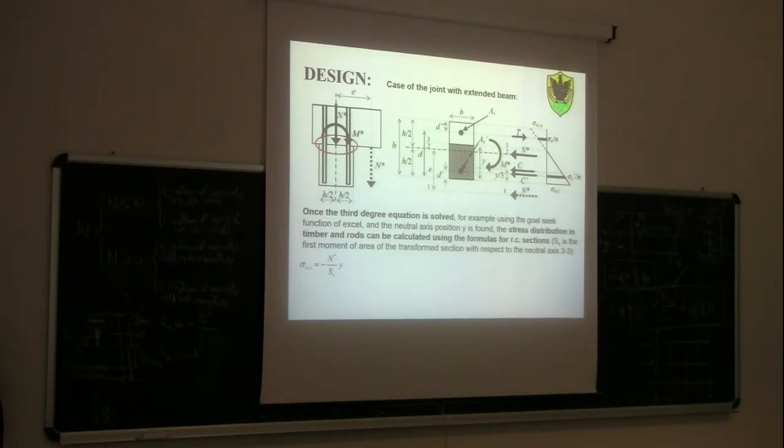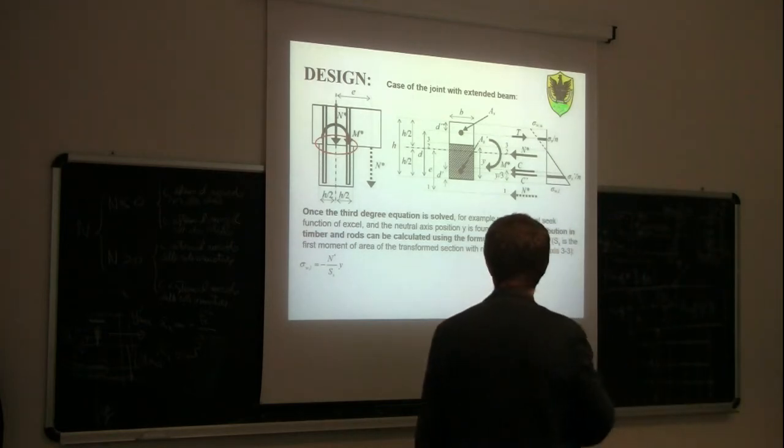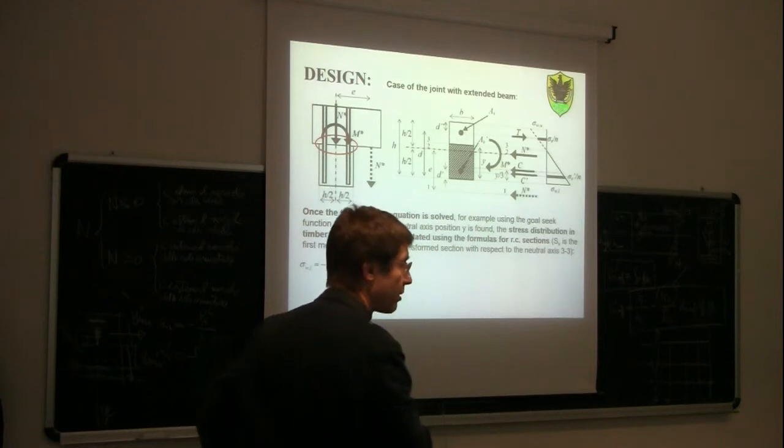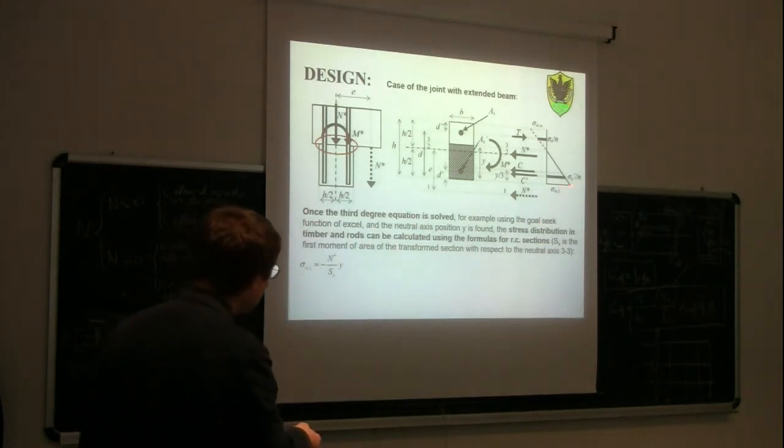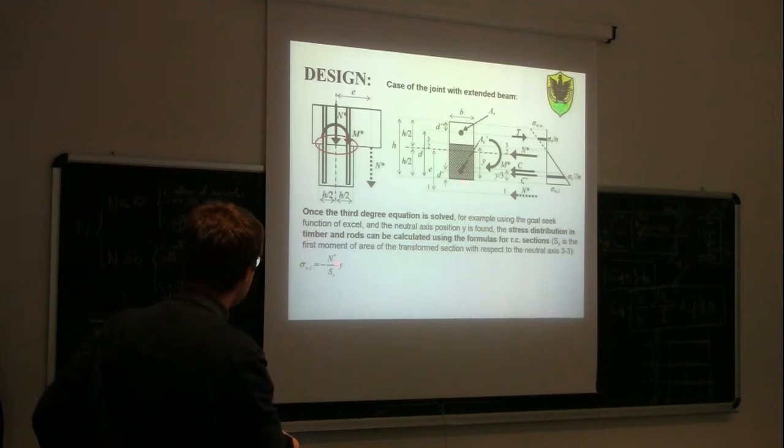So we have to use those relationships that we derived in the course of reinforced concrete design, studying exactly this case. If you remember, if you go back to see your notes, sigma WL, so the maximum compressive stress in the wood, is minus the axial force, compressive axial force, divided by Sx.